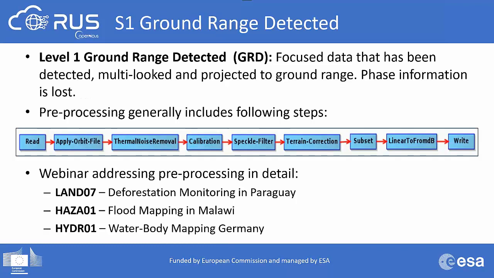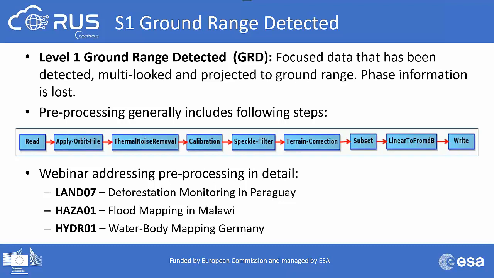Okay, we move on. To start with the exercise, because we have a lot of ground to cover during this webinar, I will not cover the details of preprocessing that we have covered already in other webinars. You might have attended other webinars where we discussed preprocessing of GRD Sentinel-1 data. These steps are generally very standardized and they're always the same. Here you can just see the graph that we will be using. For those who don't know what the graph is, I will explain it when we start the exercise.